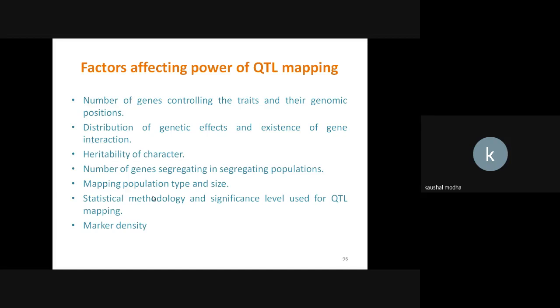Mapping population type and size. As I told you, RILs are most widely utilized because of the higher number of recombination events. And the size: a minimum of 200 individuals should be there to take into account all the recombination frequencies and all the markers.